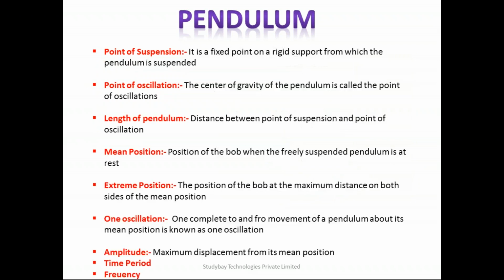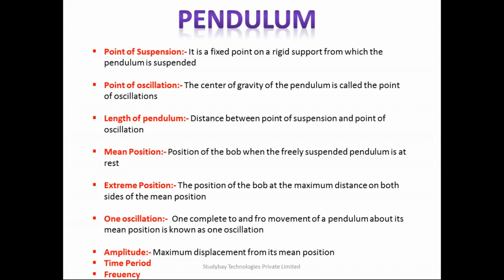Now, these are the set of definitions. Under this, you can see a point of suspension, which is a fixed point on a rigid support, from where the pendulum is suspended. Point of oscillation is the center of gravity of the pendulum.